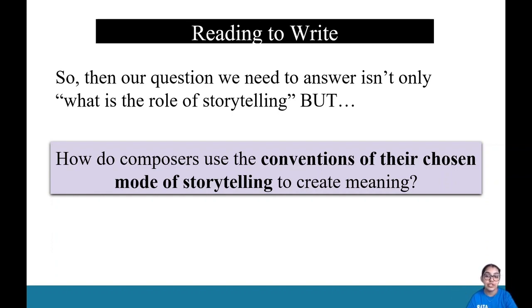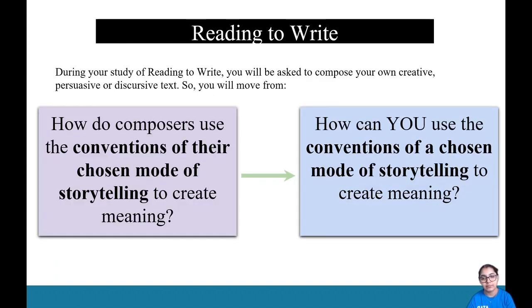So the conventions of the chosen mode of storytelling are used to portray a specific meaning. And having an understanding of that, we can then translate that into how we can use conventions of storytelling to achieve a certain effect.